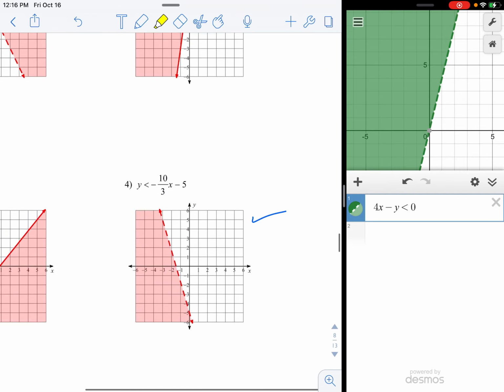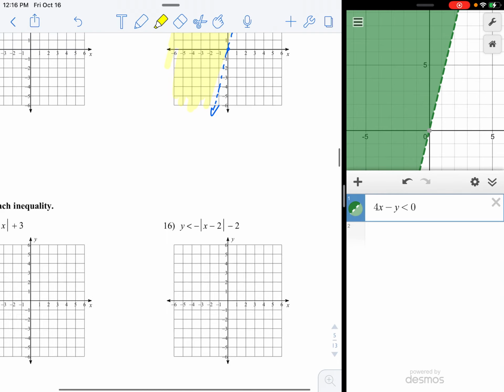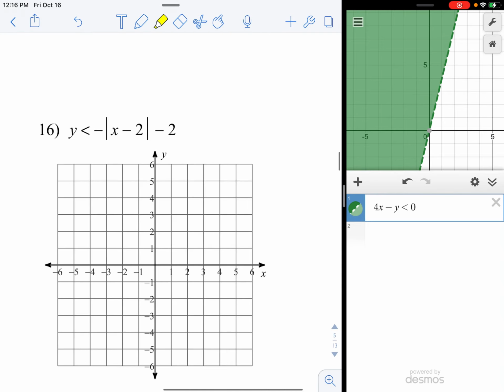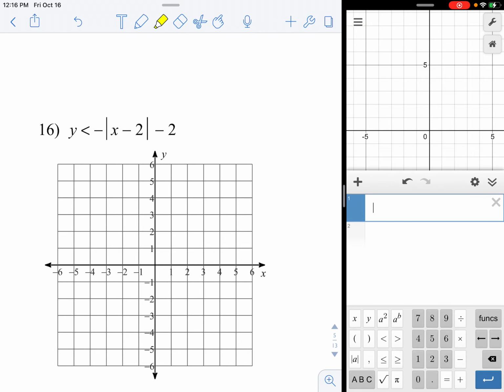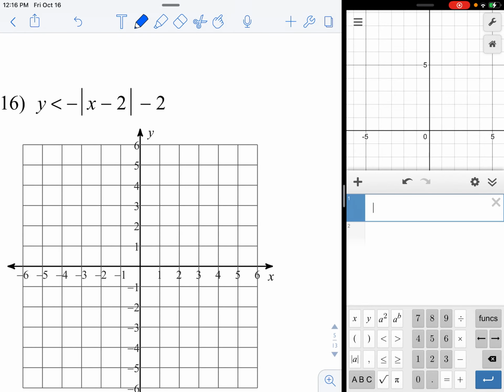So from here on out now, we have absolute values. And the calculator does these just fine. So y is less than negative absolute x minus 2 minus 2. Now, before I do this, I'm going to review just a little bit from the last couple of days. An absolute value function looks like this, a V shape.